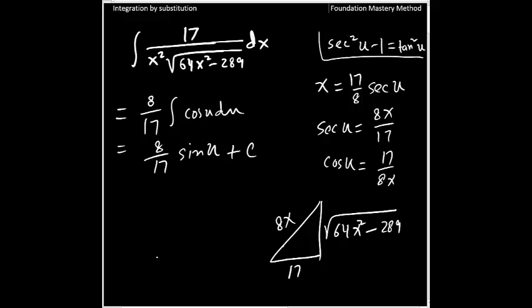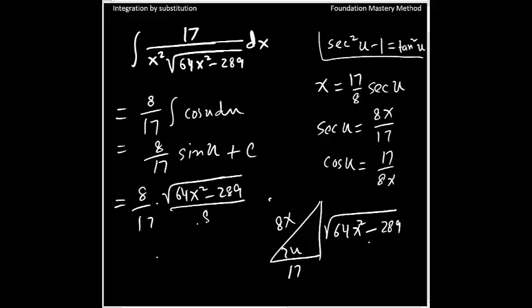So then if this is my angle u, easily we can say my sine u will be opposite over hypotenuse, which is square root of 64x squared minus 289 over 8x.